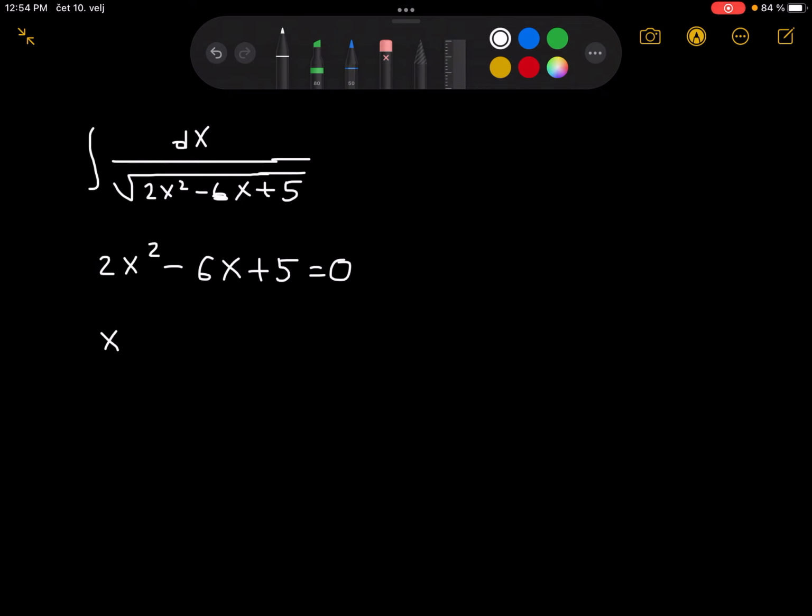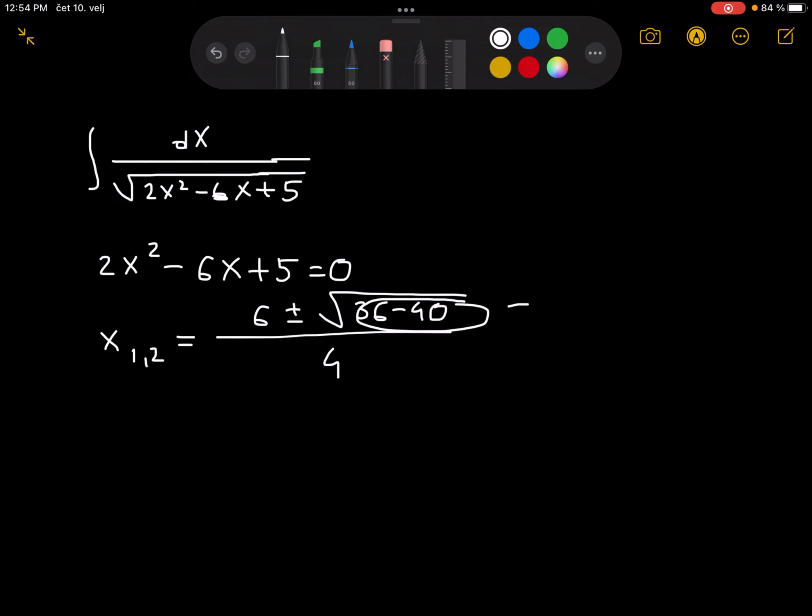By using the quadratic formula, we'll get that x1,2 is equal to 6 plus or minus the square root of 36 minus 4 times 2 times 5, which is 40, everything over 4. But the discriminant is less than 0, and we want to keep this problem in the real world. So this tells us that this approach won't help us.